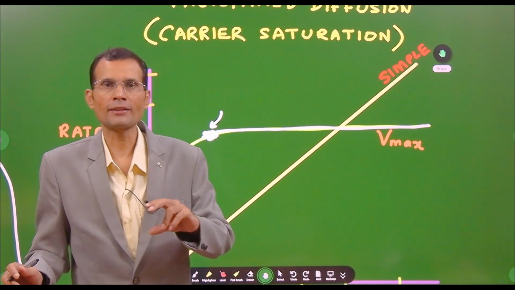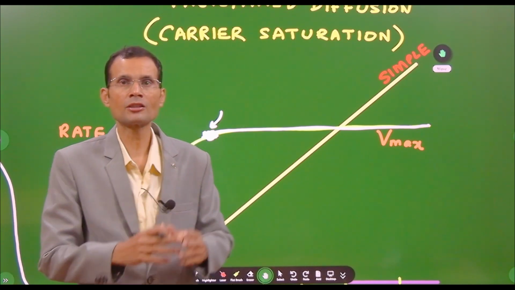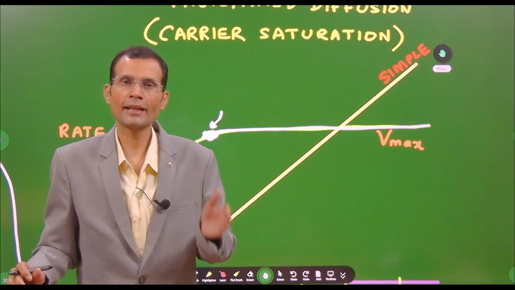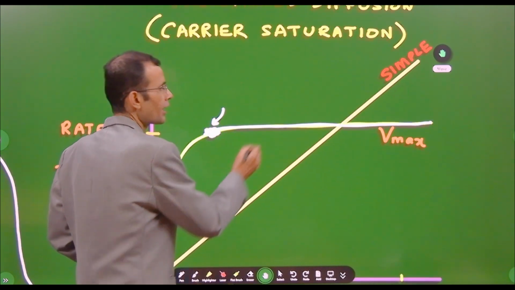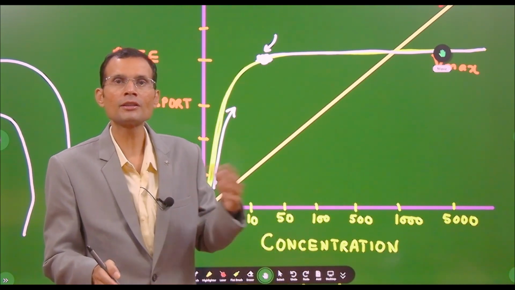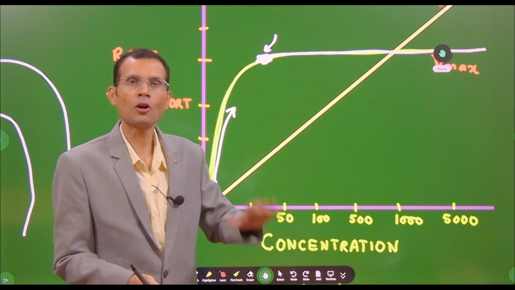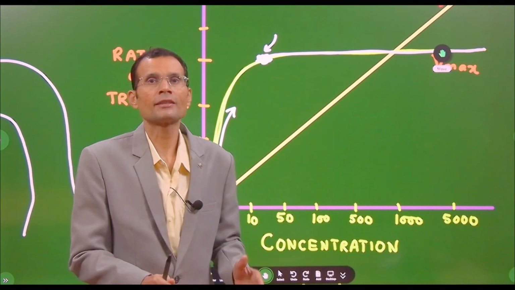Carrier-mediated transports are facilitated diffusion, as if the carrier facilitates that transport, so facilitated diffusion, or secondary active transport is also carrier-mediated. So this graph applies to simple diffusion versus facilitated diffusion or secondary active transport, but more precisely for facilitated.